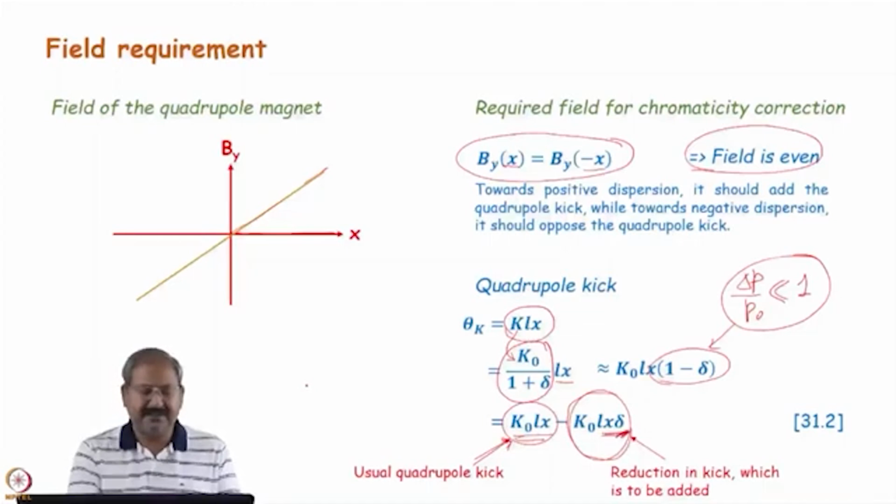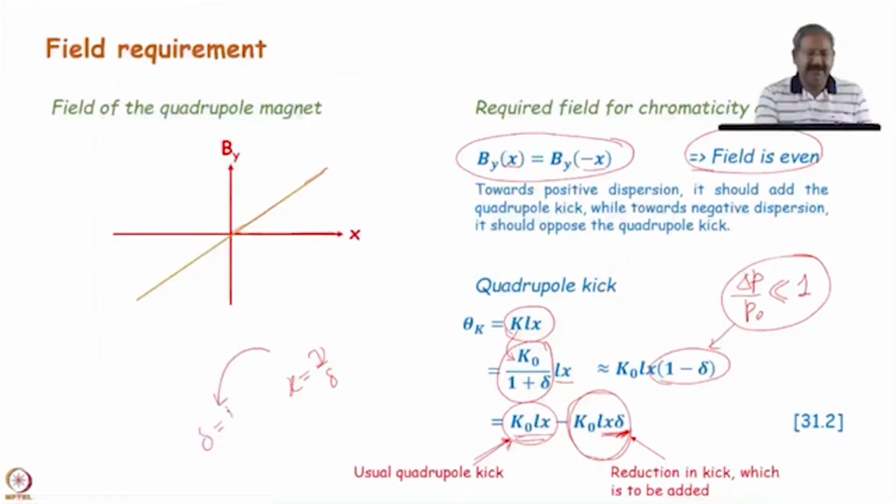Now you can see that where the dispersion is non-zero, you can have x equal to D delta, which we have seen in the lecture on dispersion. So delta can be written as x over D.